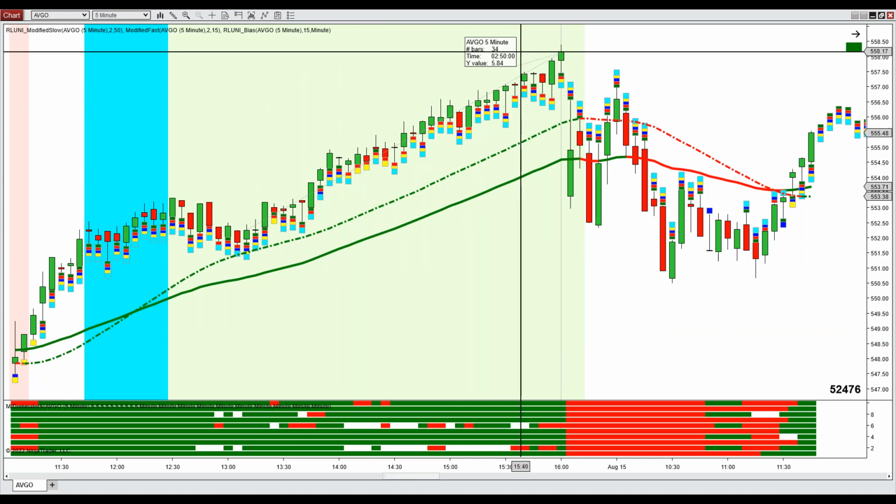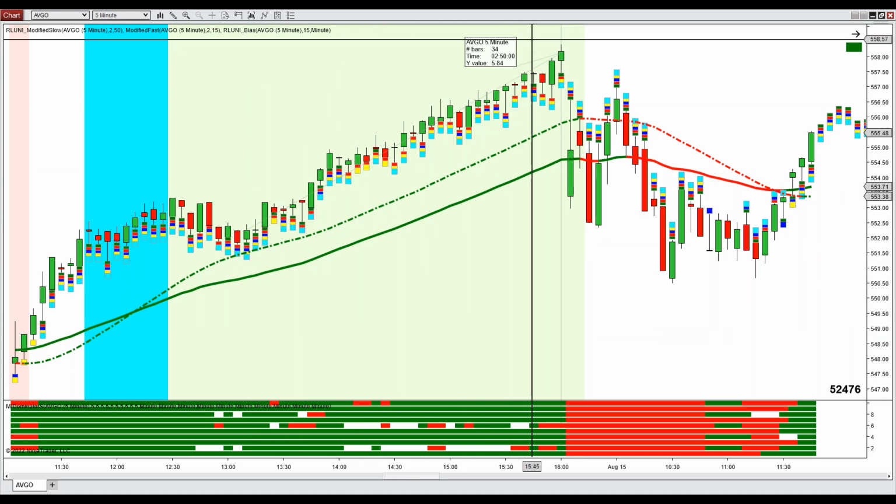Up you go. This is almost a $6 move. You've got an at the money weekly call here. This is at least 100% on this move up. Even though it's a $500 stock, and it's going to be very hard for you to buy a call, you could sell a credit spread and you would make great money on this trade, as long as it was a bullish credit spread.